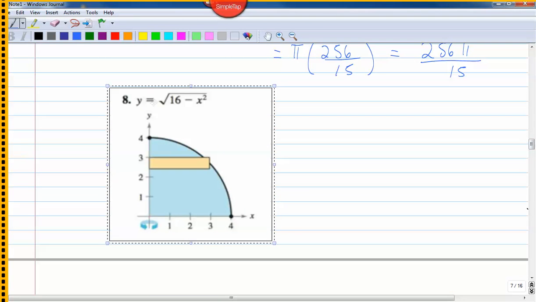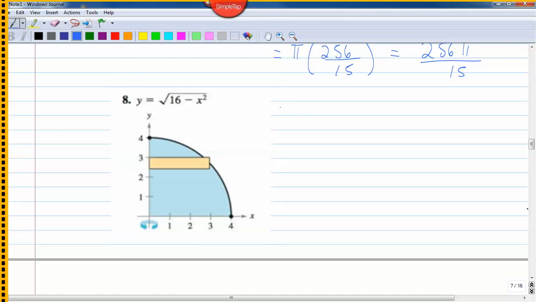So if this is our equation, we need to make that x equals. So how would you do that? Square both sides to get rid of that radical. So you have y squared equals, when you square the square root, 16 minus x squared, right?